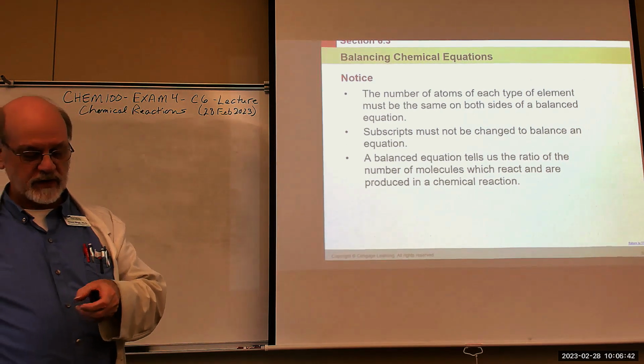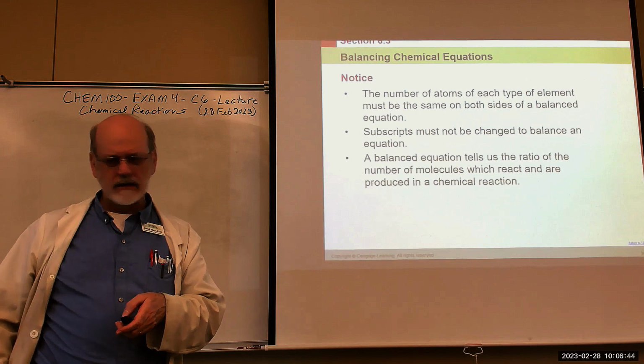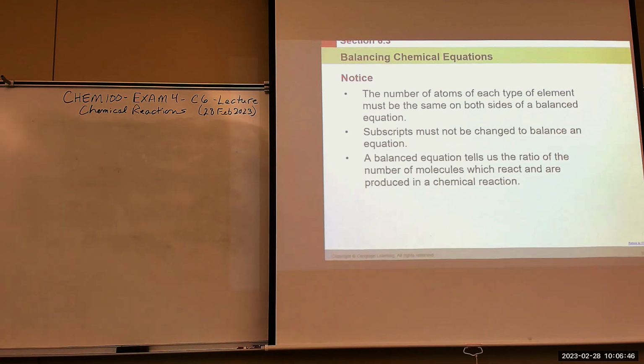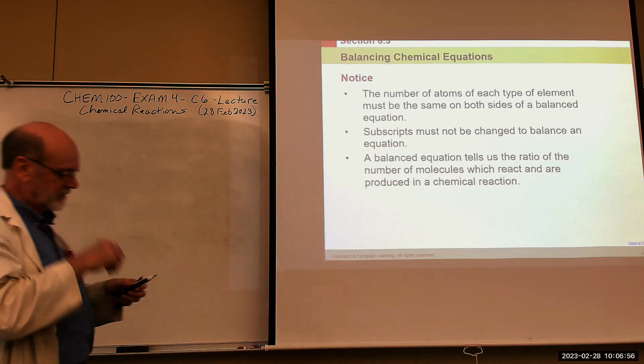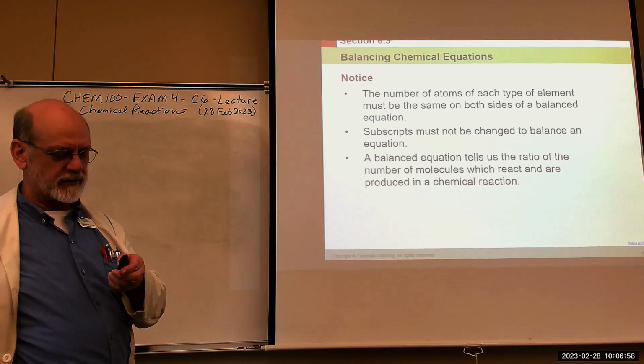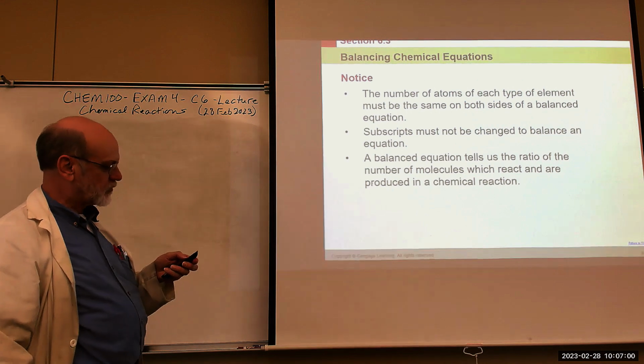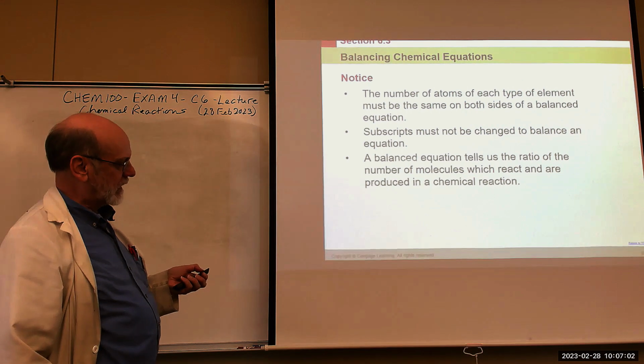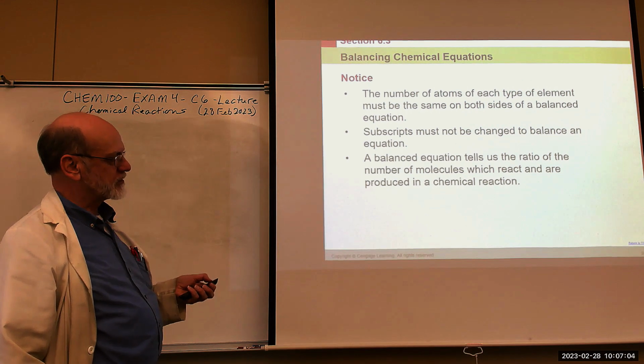Right? But we're going to introduce, let me see, I think it's next chapter. Maybe not. When we get to stoichiometry, then that's when we'll add a meaning to those coefficients.